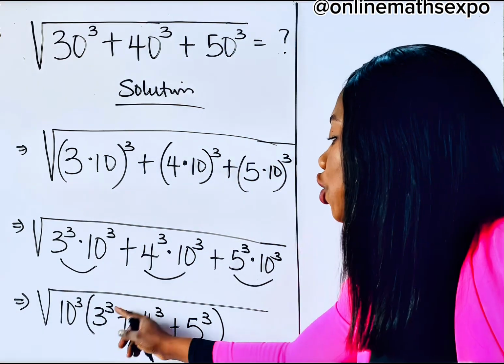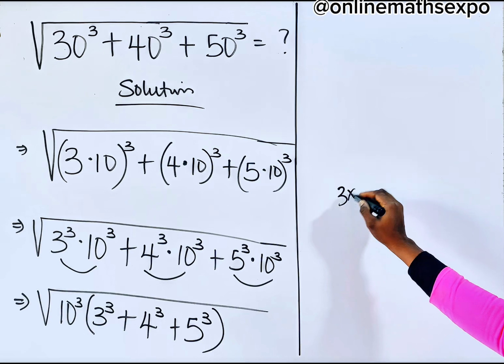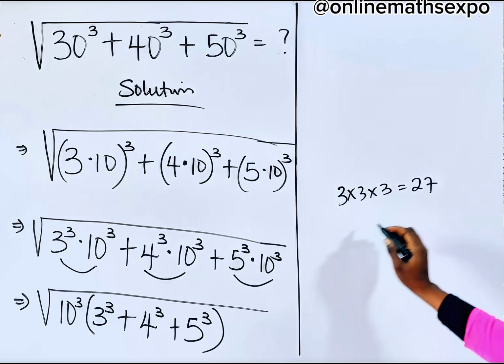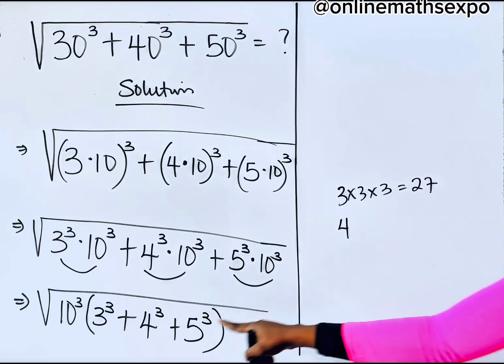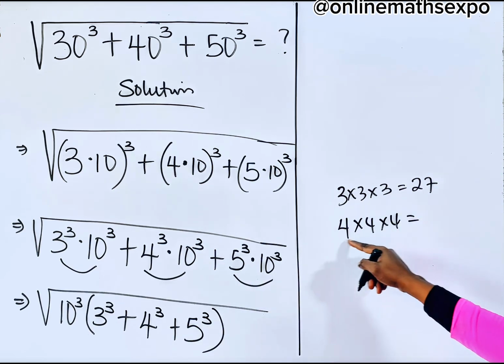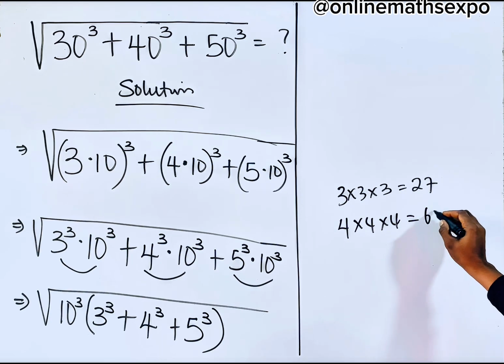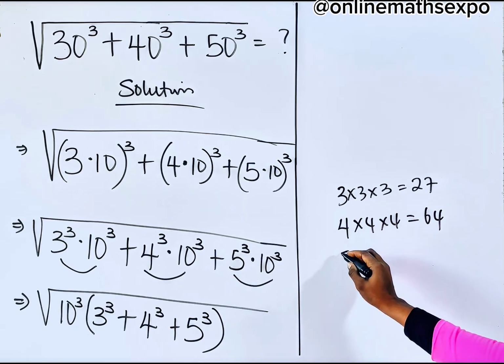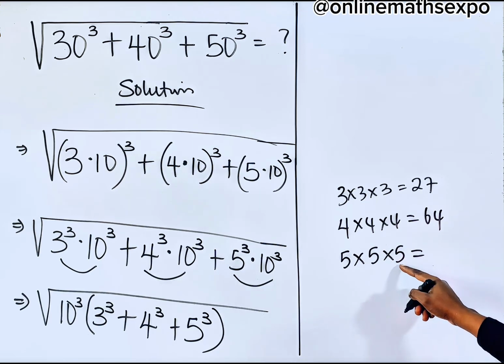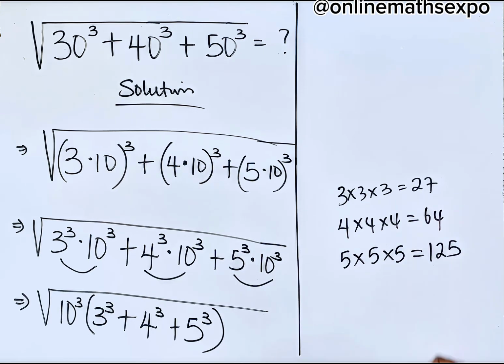Remember, 3 cubed is the same as 3 multiplied 3 times, and that will give you 27, okay? Then 4 cubed is 4 multiplied 4 times, this is 16, this will give us 64. And finally, 5 cubed is 5 multiplied 5 times, and this will give us 25, so we have 125, okay?